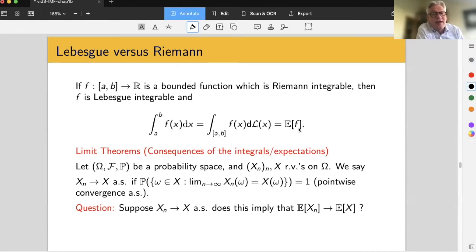Let (Omega, F, P) be a probability space, and let xn be a sequence of random variables, and x be a random variable on Omega.